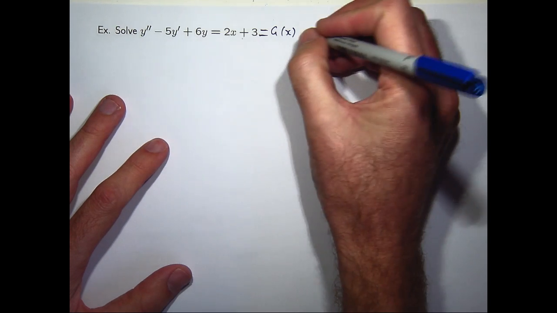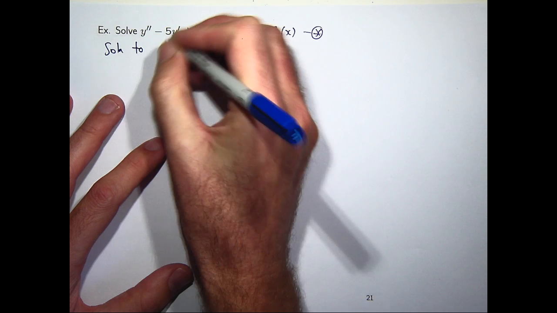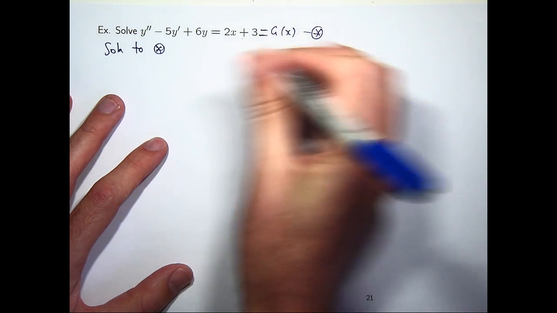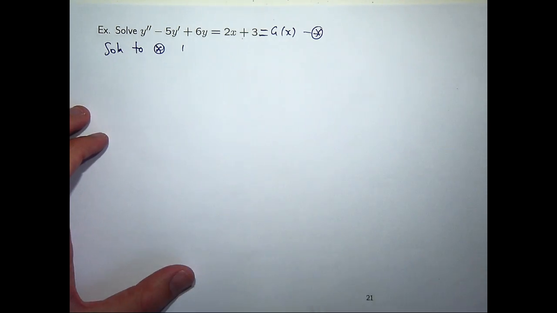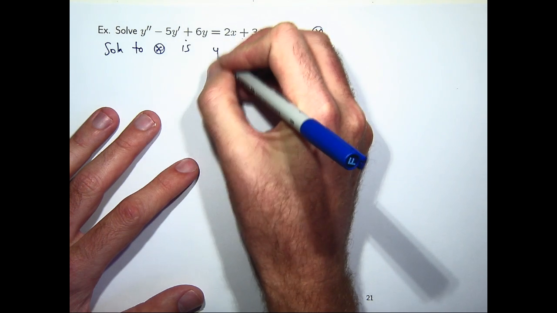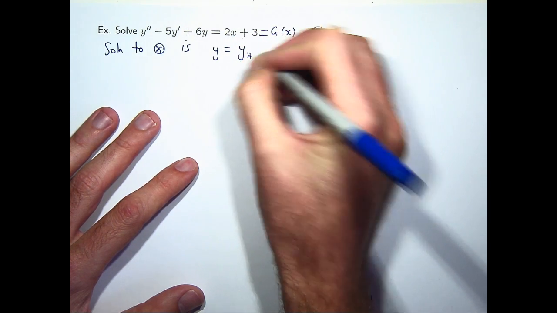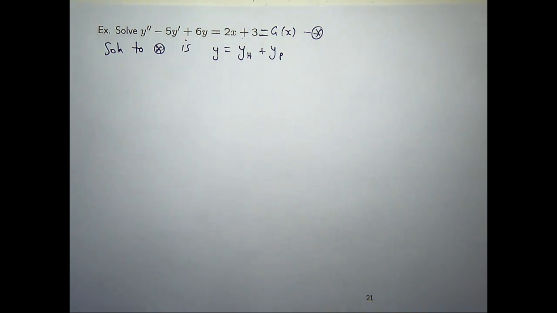So the solution to this, now you might want to draw a two-column thing here because there is a little bit to write in here. So I'm just going to use a capital H here, y sub h plus y sub p.